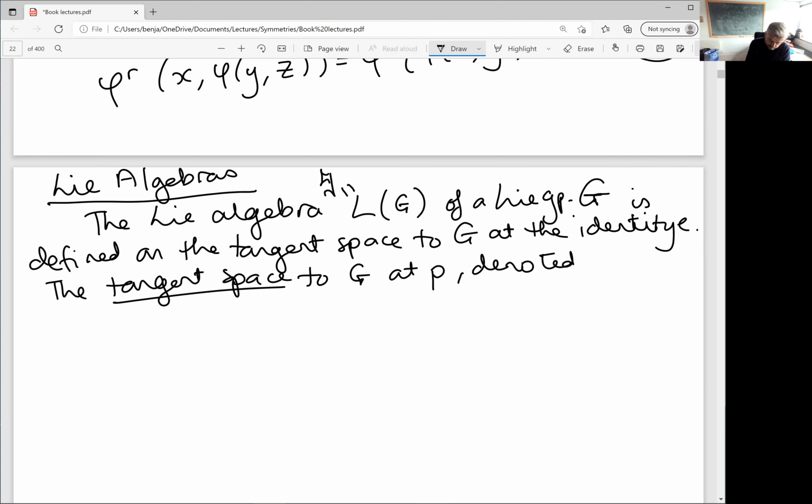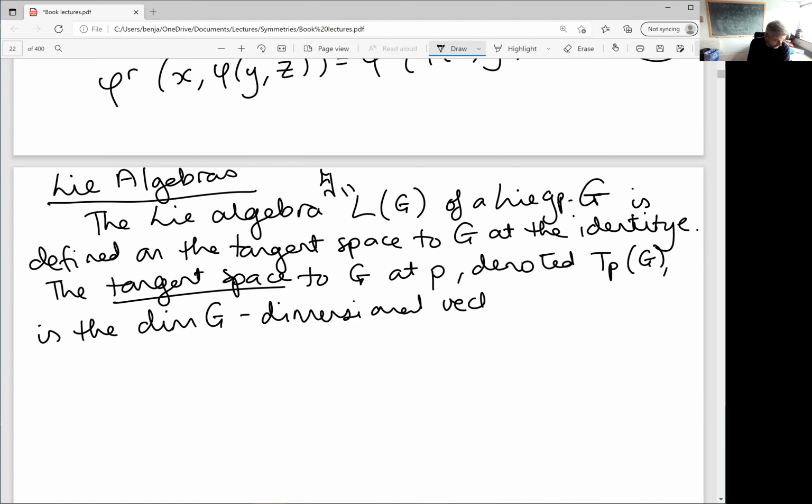So this is denoted T_P of the group G. This is the dim G dimensional vector space spanned by the differential operators, and I'll give you those in a second.